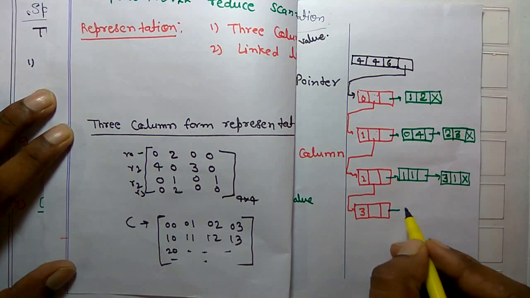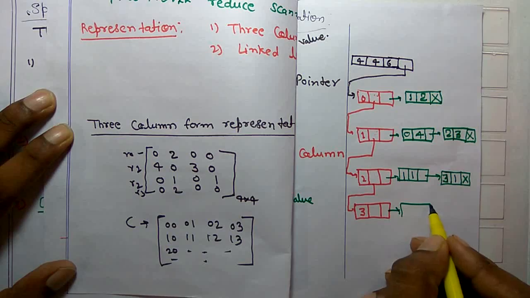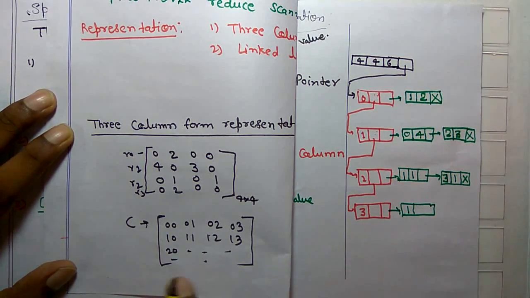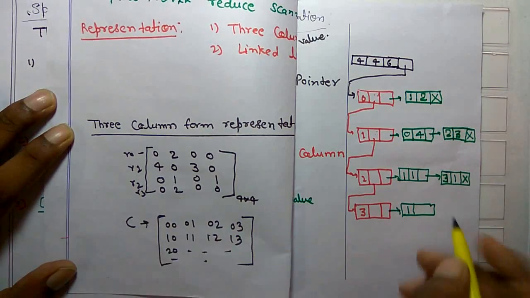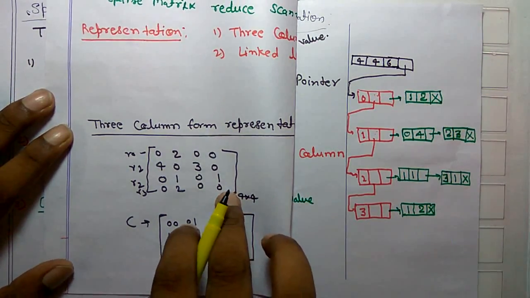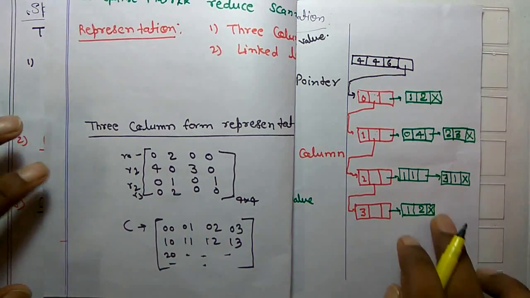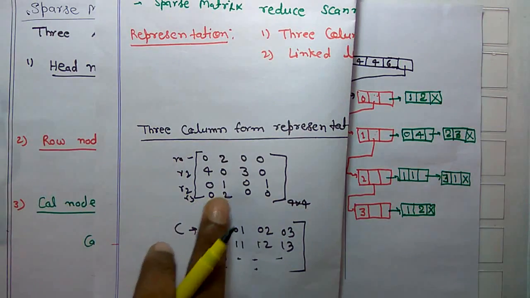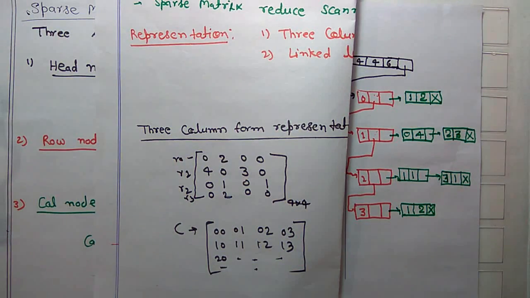In row 3, the column node is column 1 where we got value 2. It does not point to any other non-zero value in the same row, so it is null. So this is the linked list representation of the sparse matrix, and I have created the linked list representation for this matrix. Thank you.